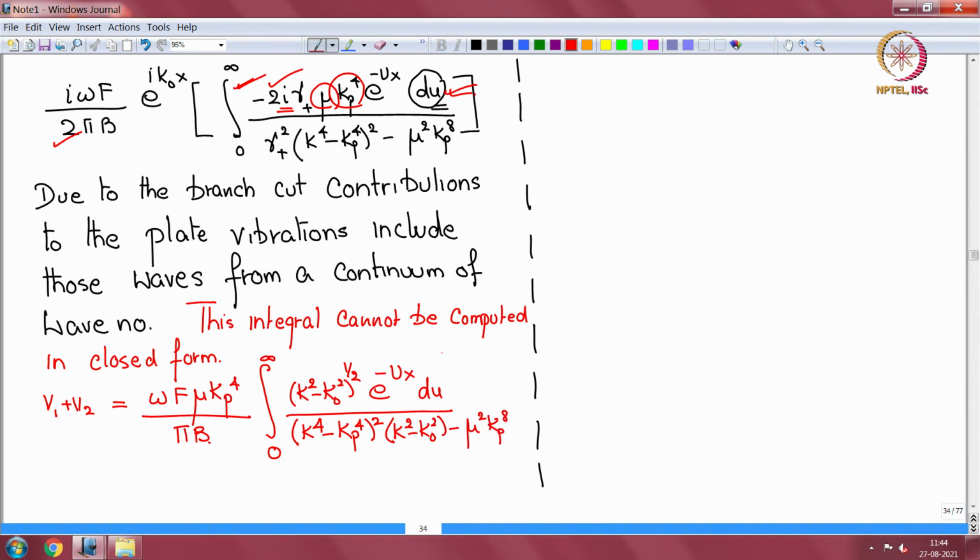We should not forget that k has to be k0 plus iu. So k comes here, k comes here, k comes here. I am not changing that, it will become horrendous.